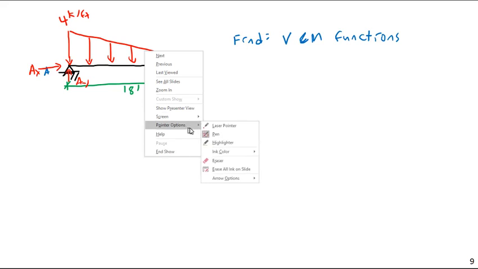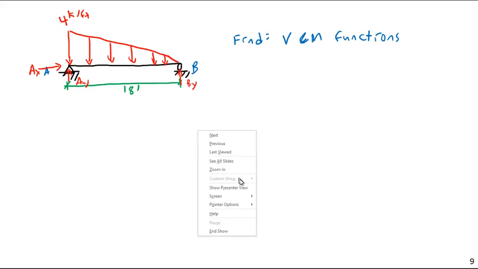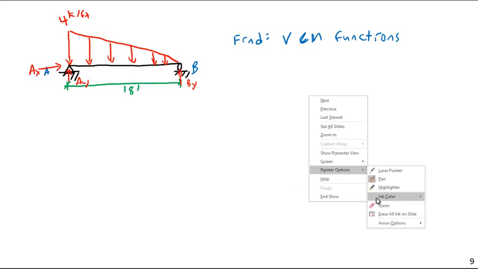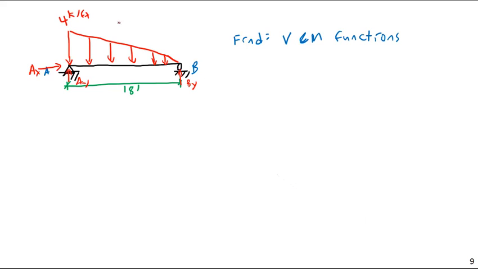Now, you know what, just for fun, I will go through finding the reactions on this thing. To find the reactions, I'm going to recognize that I have an equivalent point load 1/3 from the side. That's going to be 1/2 times 18 times 4, just the area of a triangle, 1/2 base times height, or 36 kips.